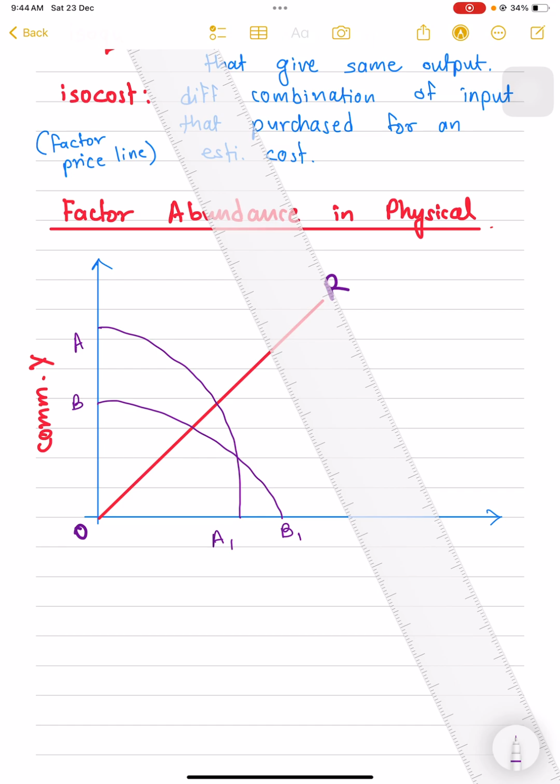I have already told you what we mean by the OR line. If country A and B produce both commodities in the same proportion, they will produce along the ray line OR.